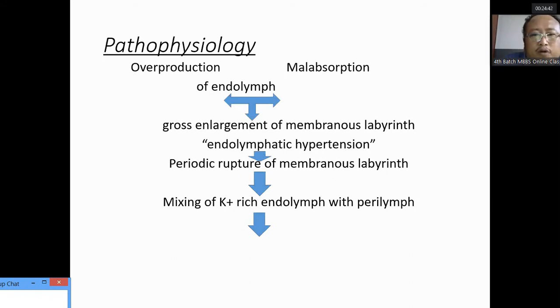The endolymph volume is high, so that will cause gross enlargement of the membranous labyrinth, also termed endolymphatic hypertension.